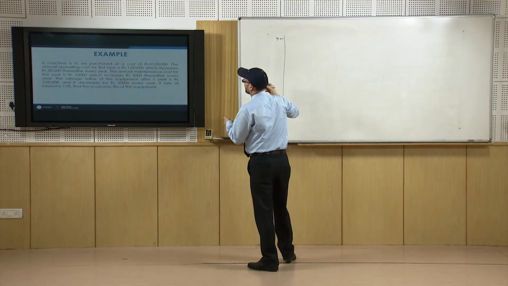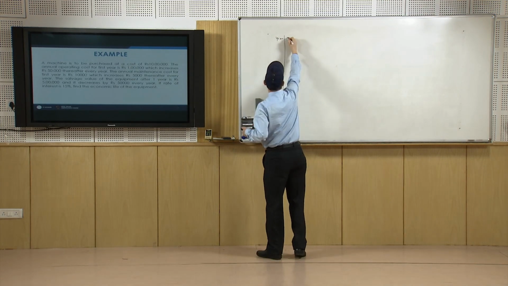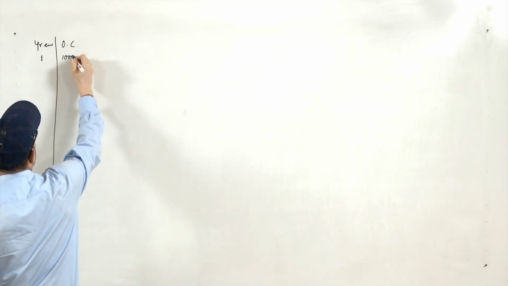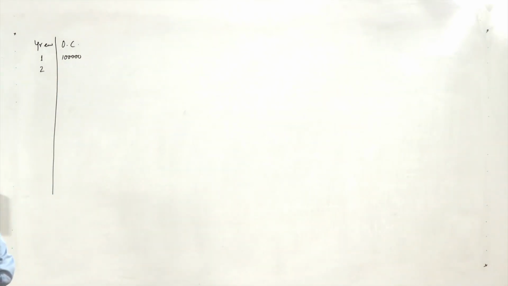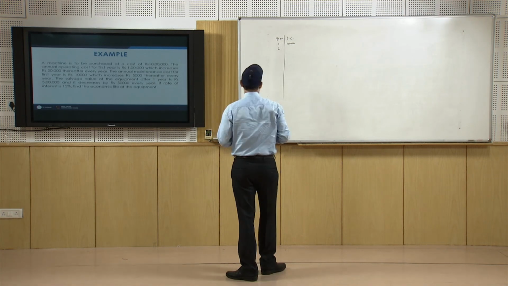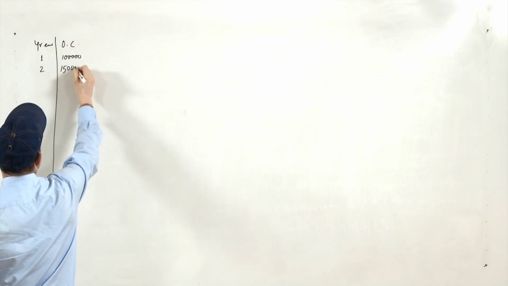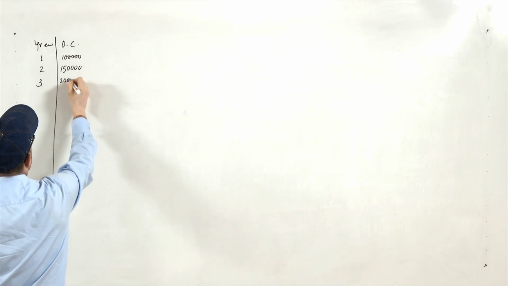The annual operating cost in the first year is 1 lakh; in the second year it increases by 50,000, so it becomes 150,000, and the third year it will be 2 lakh, like that.